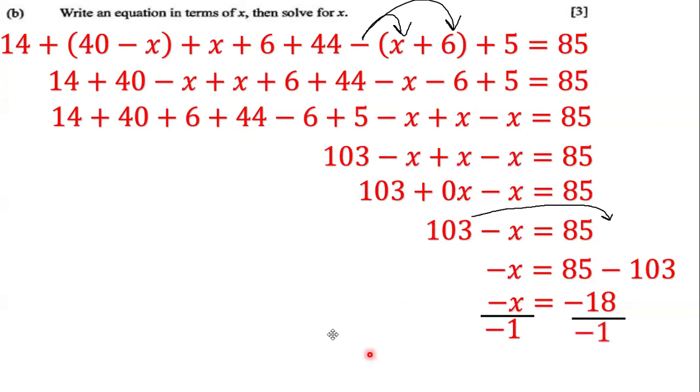This negative cancels with this negative, and we are left with X on the left-hand side, and on the right-hand side, negative 18 divided by negative 1 gives us positive 18. And so that means X is equal to 18, and that's the answer to this particular question.